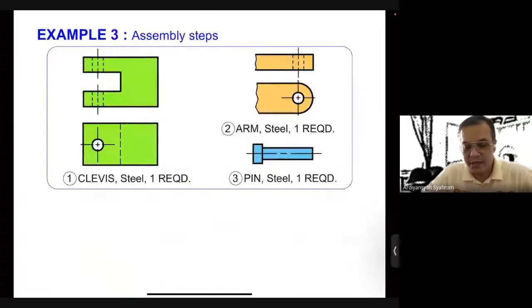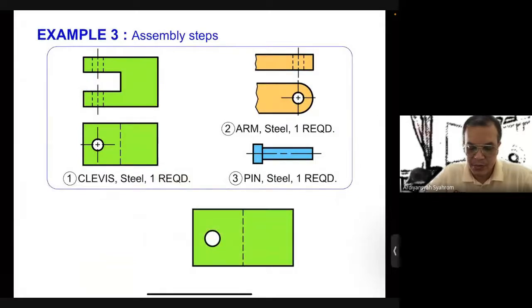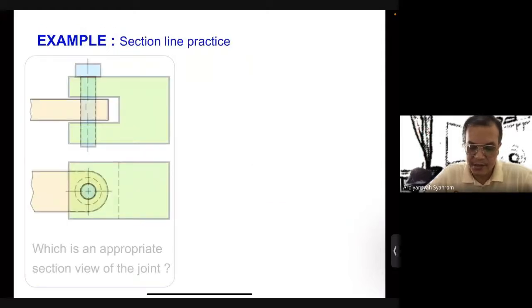Another example is, yeah, you have that one. There is arm, steel. Then there is a pin inside that one.